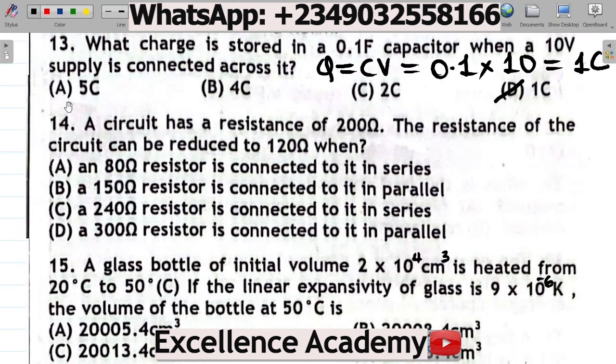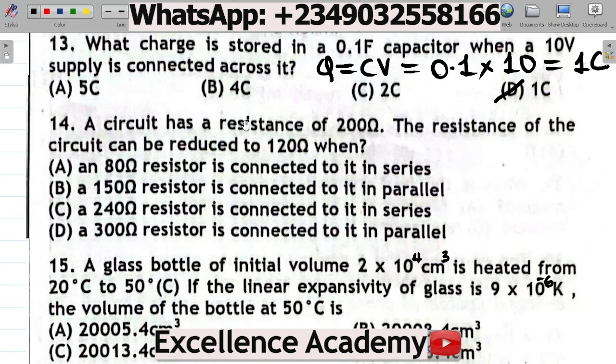Next up, question number 14 says a circuit has a resistance of 200 ohms. The resistance of the circuit can be reduced to 120 ohms when A, an 80 ohm resistor is connected to it in series, B, a 150 ohm resistor is connected to it in parallel, C, a 240 ohm resistor is connected to it in series, D, a 300 ohm resistor is connected to it in parallel.